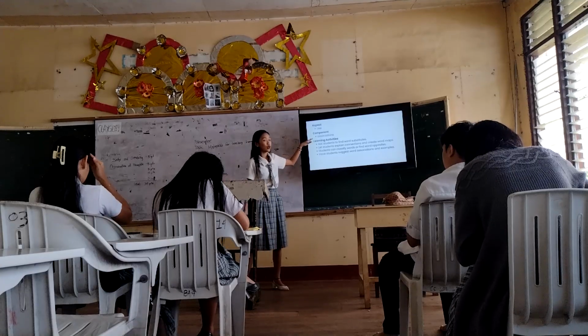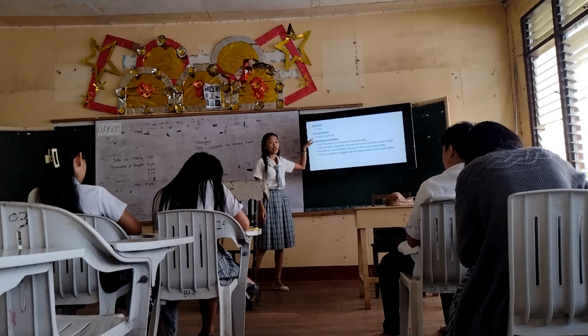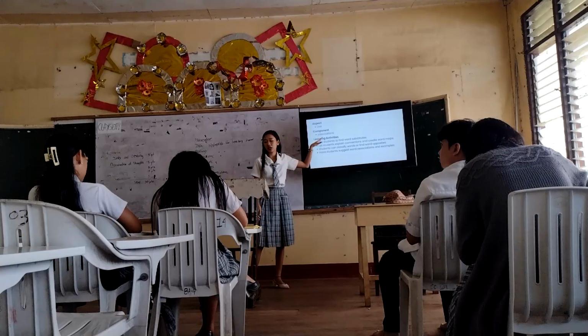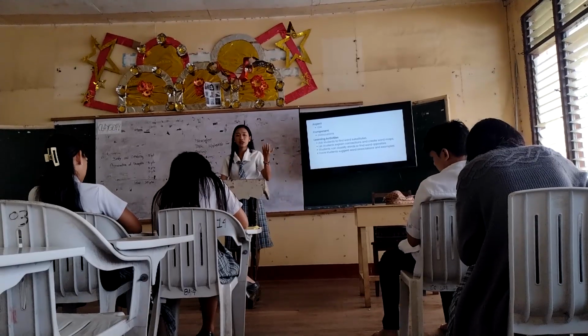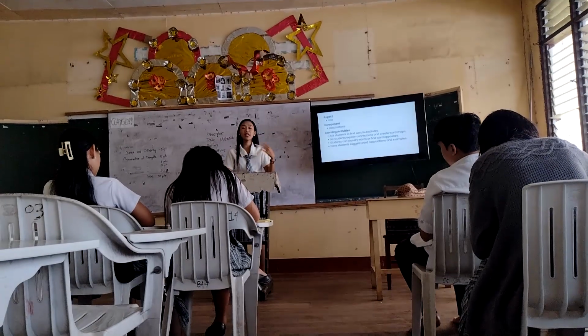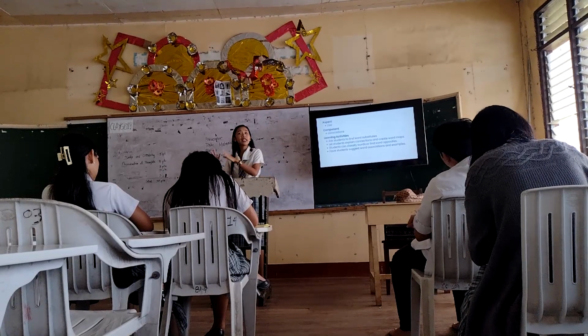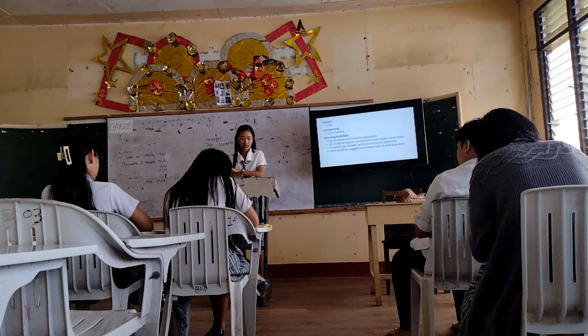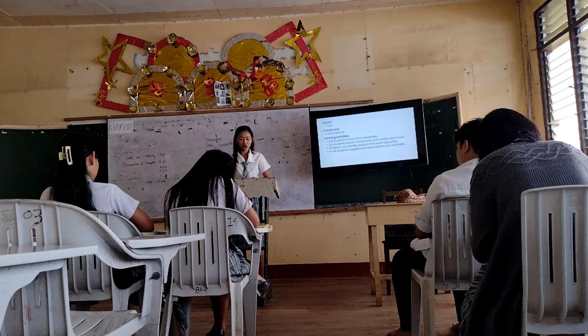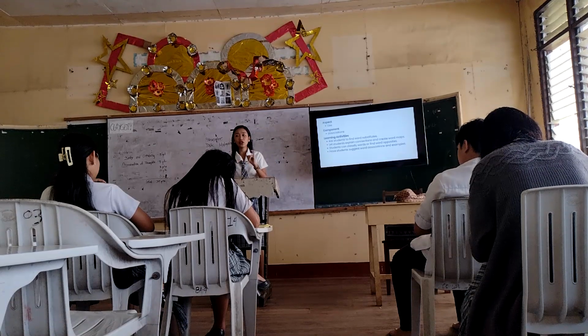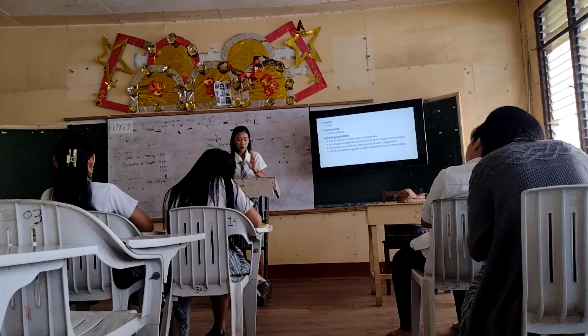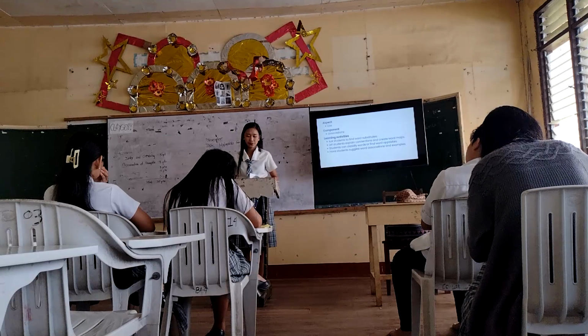Now the component-specific knowledge that the learner should develop: association refers to the ability to connect words with related words, ideas, or concepts. This helps learners understand the relationship between words such as synonyms, antonyms, or words that often appear together.